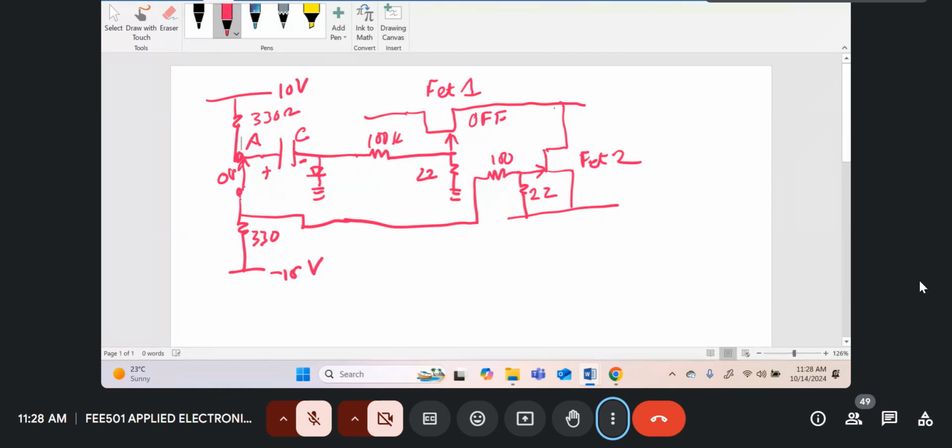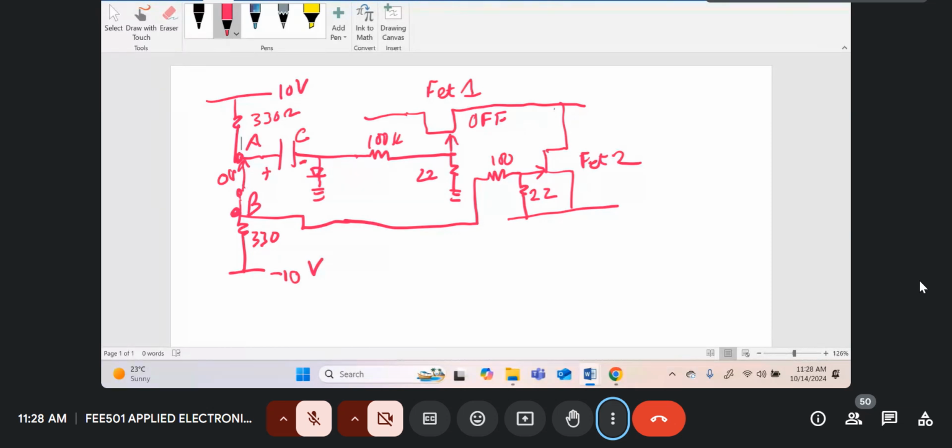Because we've got a potential divider formed by the 330 ohms connected to 10 volts, another 330 ohms connected to minus 10 volts, so point A and point B is approximately 0 volts. So we've already shown that the top transistor will be off.